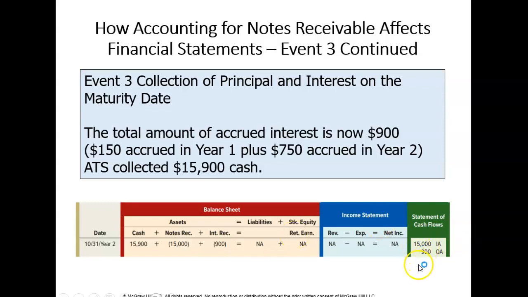On our statement of cash flow, we're going to recognize an increase in cash of $15,000 from our investing activities and an increase of $900 for the interest as an operating activity.